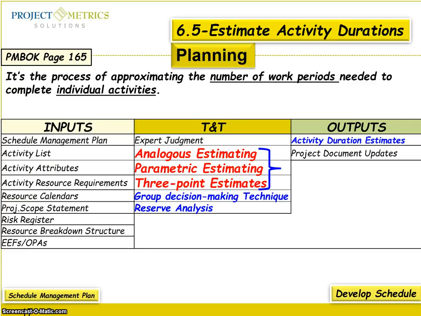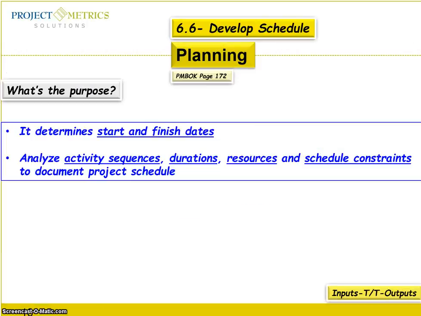The next step is to develop the schedule. When you develop the schedule, it determines the start and finish dates, and you will analyze activity sequences, duration, resources, and schedule constraints to document your project schedule.